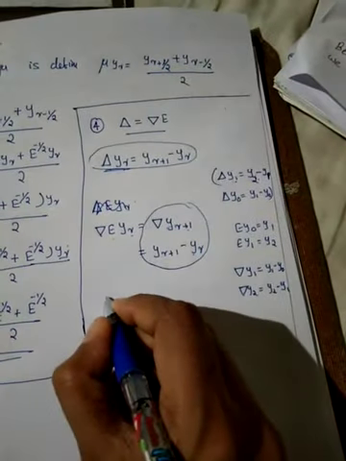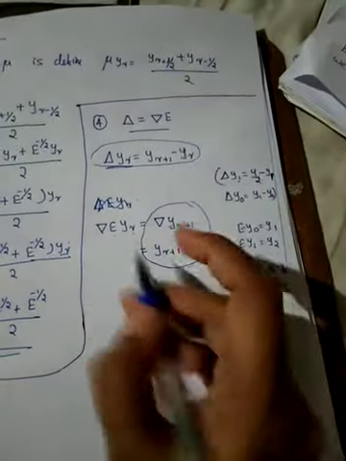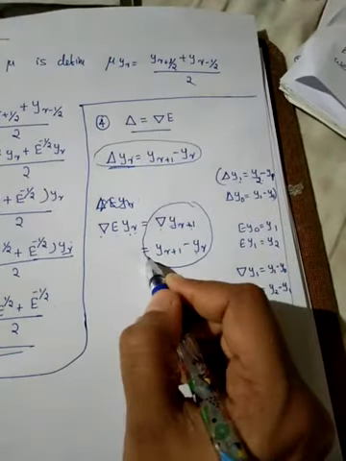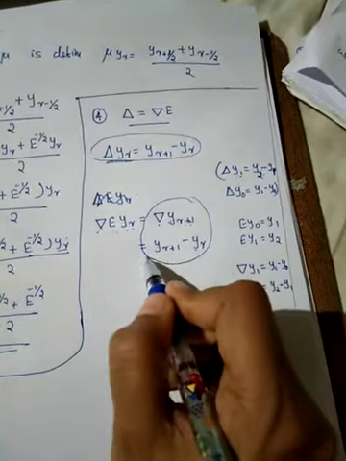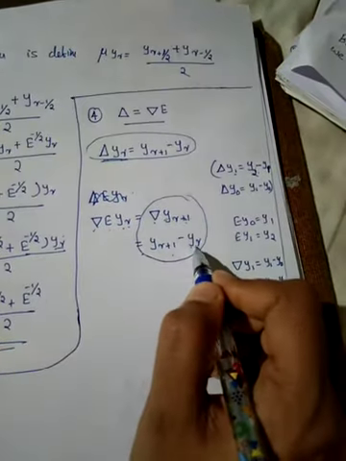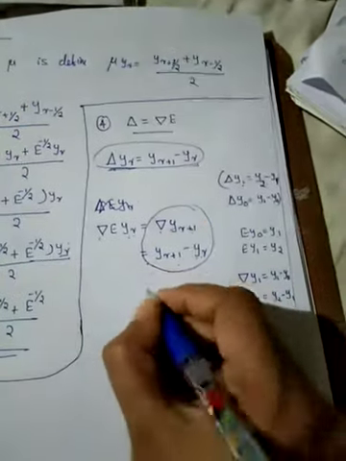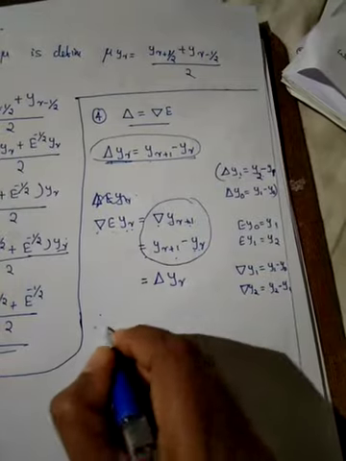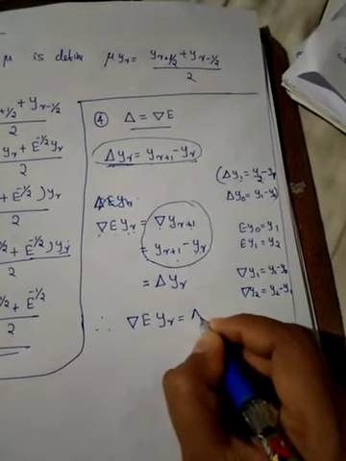Therefore, here ∇Eyr equal to ∇yr+1, that is equal to yr+1 minus yr. Here yr+1 minus yr is equal to Δyr. So it's equal to Δyr. Therefore, ∇Eyr equal to Δyr.